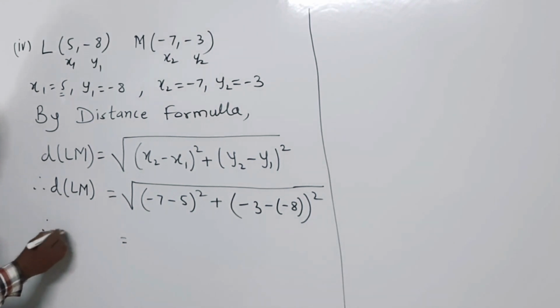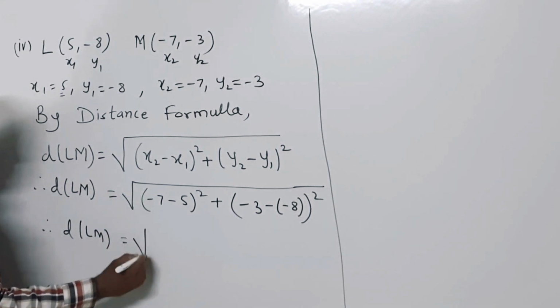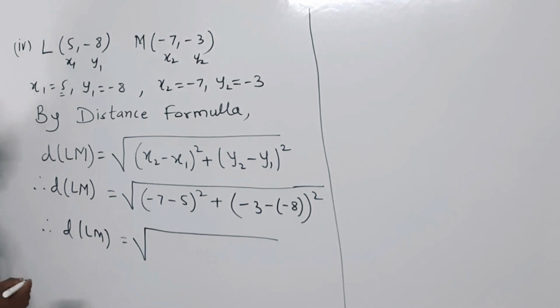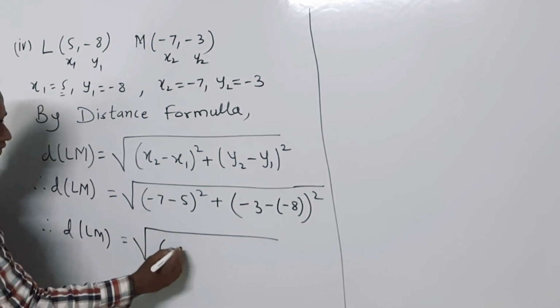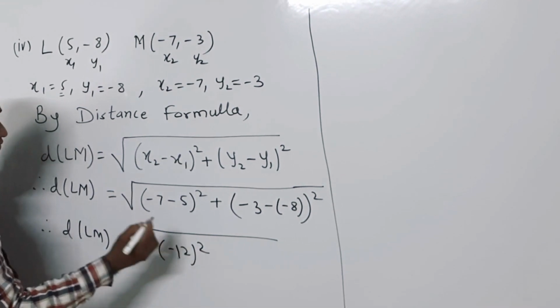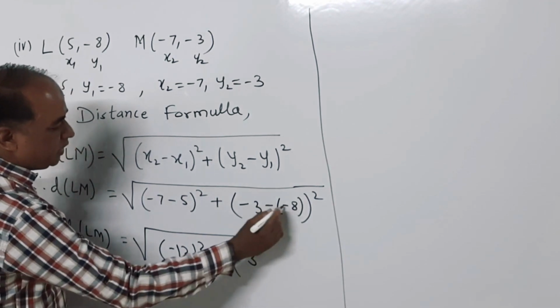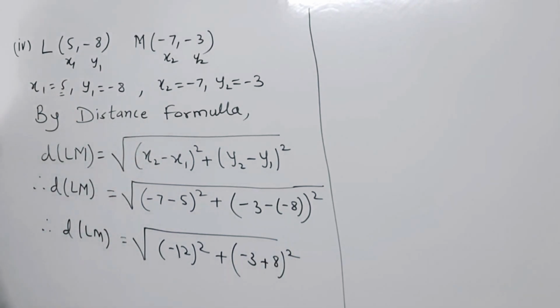Therefore distance LM is equal to square root of (-7 - 5) square, which is (-12) square, plus (-3 + 8) square.